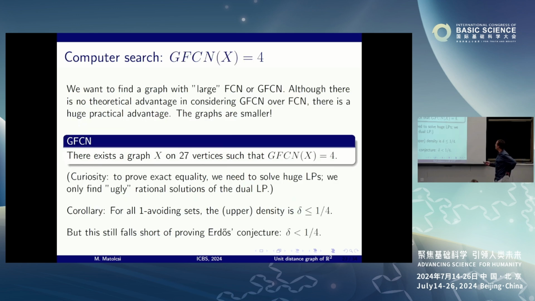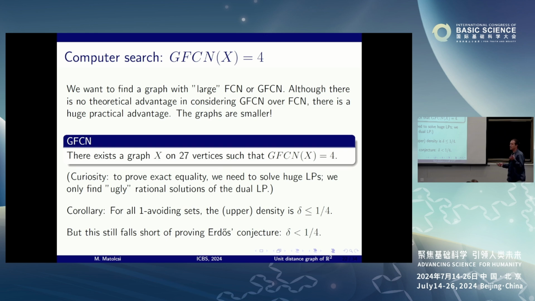And so here we come to a point of concrete constructions, because we saw that all you need is a finite graph with a large geometric fractional chromatic number. So what we want to find is a finite graph with large fractional chromatic or geometric fractional chromatic number.